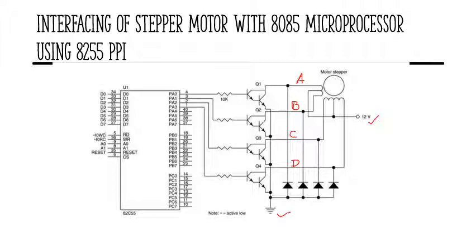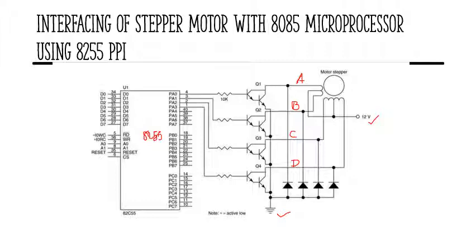The figure shows 4 terminals A, B, C and D connected to 8255 through the transistor drivers. The transistor drivers or buffers are essential as the port pins cannot directly source the current required for the motor drive.